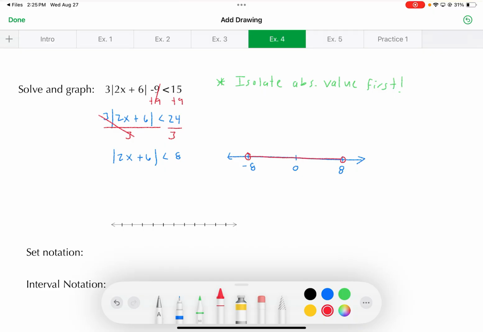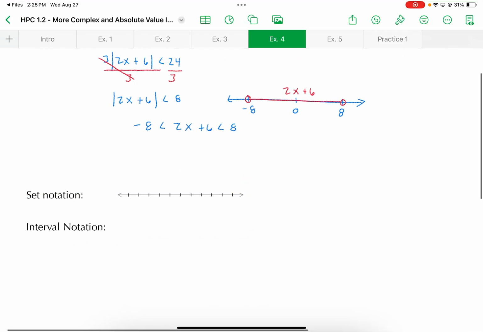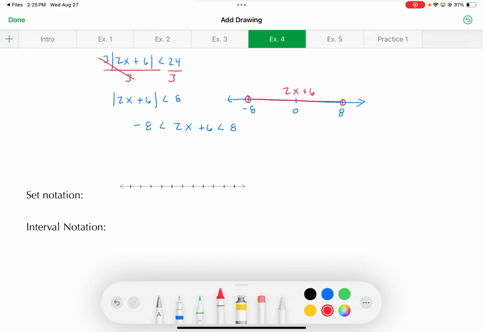Okay, so this is an intersection that we're dealing with, right? So this 2x plus 6 has to be now between the negative 8 and the 8. We'll make a compound inequality out of it. Let's move that away, so we'll subtract 6.